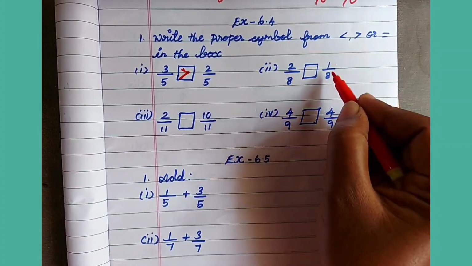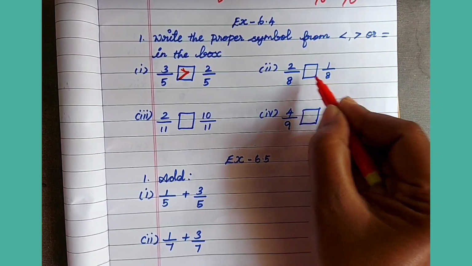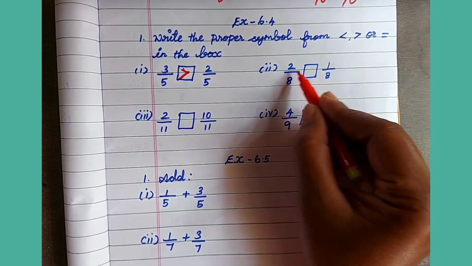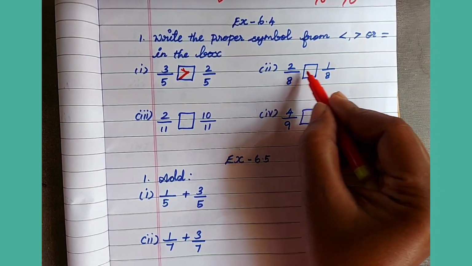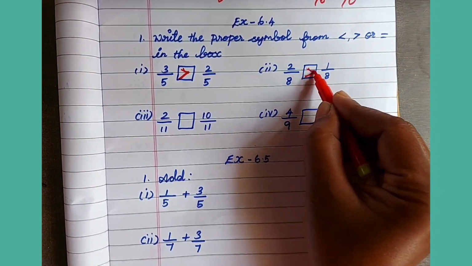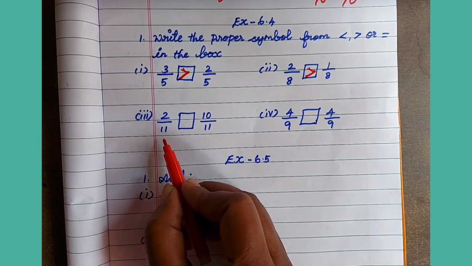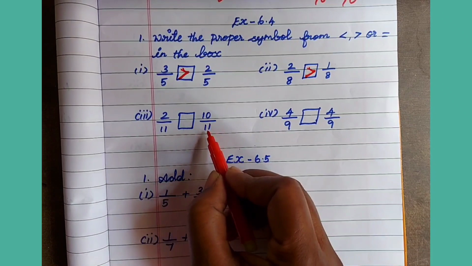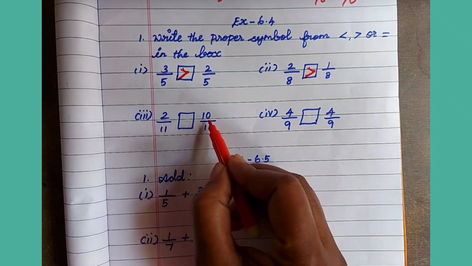Second one, 2 by 8, 1 by 8. Denominator values are the same. See the numerators 2 and 1. Which one is bigger? 2 is bigger. So the open symbol is greater than. Next, 2 by 11, 10 by 11. Denominator values are the same; 2 and 10 are given.